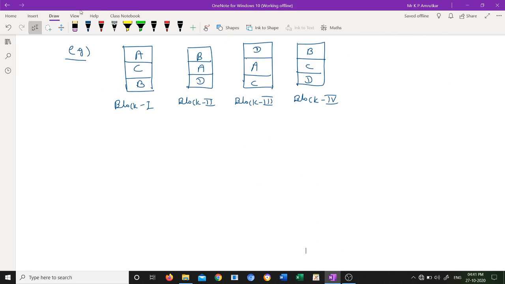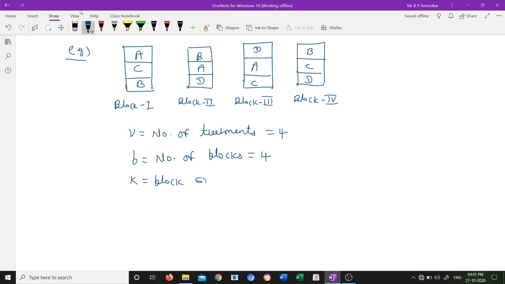Look here. V means the number of treatments. The number of treatments is 4: A, B, C and D. B is the number of blocks, so there are 4 blocks. K means block size, and every block size is 3, so K will be 3.